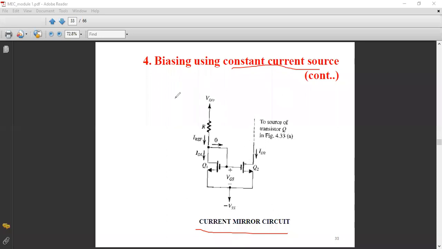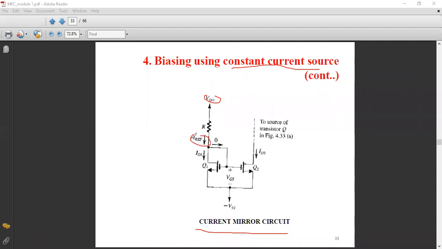So the circuit which I have shown in the slide is a current mirror circuit where you have used two MOSFETs, Q1 and Q2. At the drain of Q1 we have connected a resistance R which is connected to the power supply VDD, and through this terminal we have a current which is called I reference.